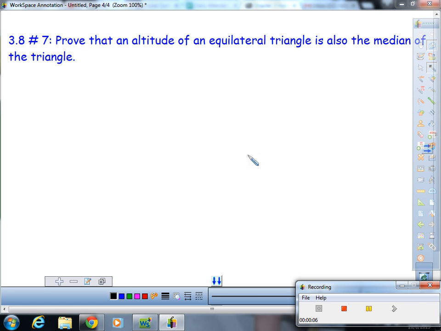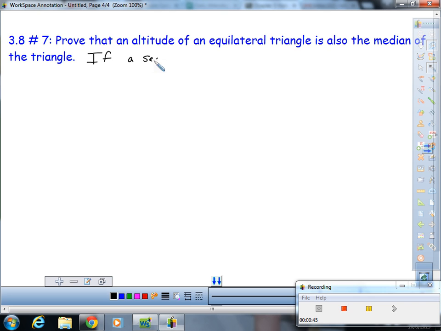All right, so this is how to do a proof when you're not given a diagram. Step one, turn your statement into an if-then statement. So how can we rewrite that sentence as an if-then statement? Jenny Lou? If a segment, start with that.